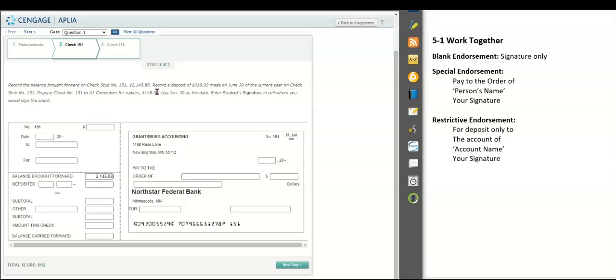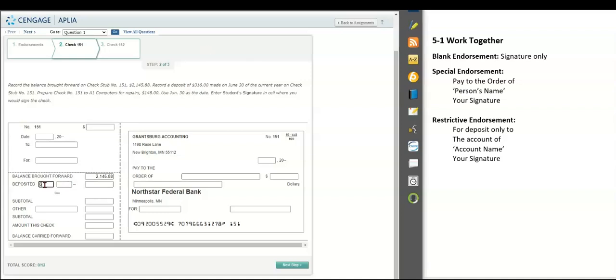Okay, it says record a deposit of $316 made on June 30th of the current year on check stub number 151. Okay, so right here we've got a place to do our deposit. So it was June. I had to check the answer, I couldn't remember.